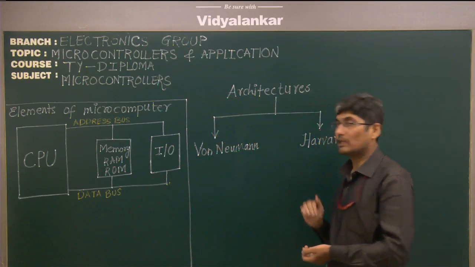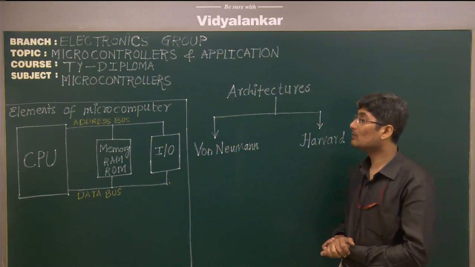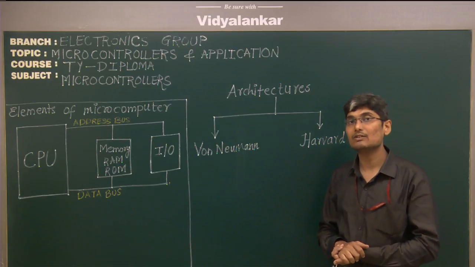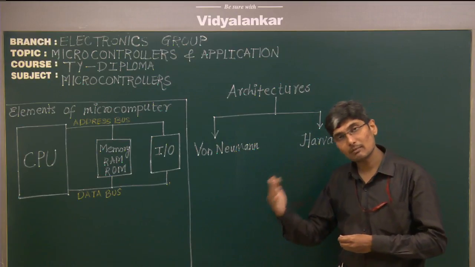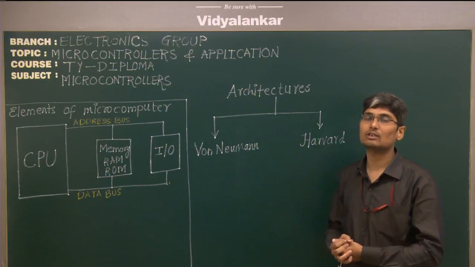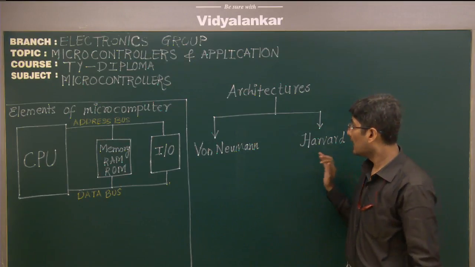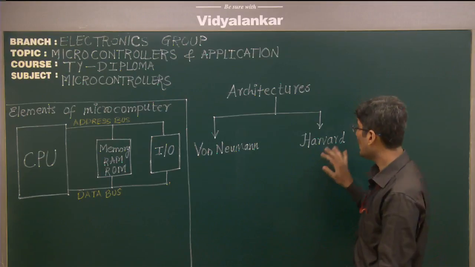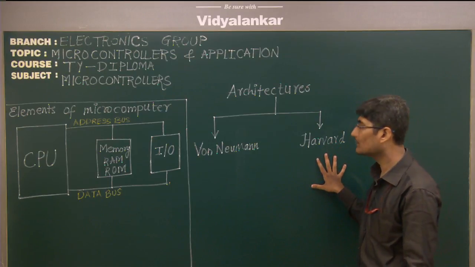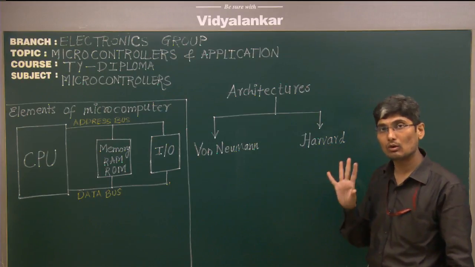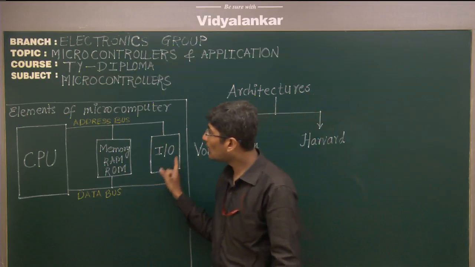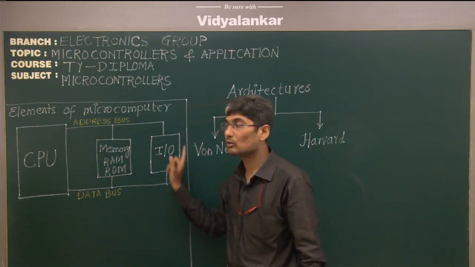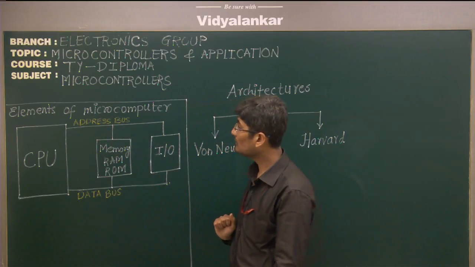Whereas in Harvard architecture, the instructions and the data are stored in two different memories. That is, we have separate data memory and separate instruction memory. 8051 partly belongs to this architecture because it has a separate ROM and a separate RAM.